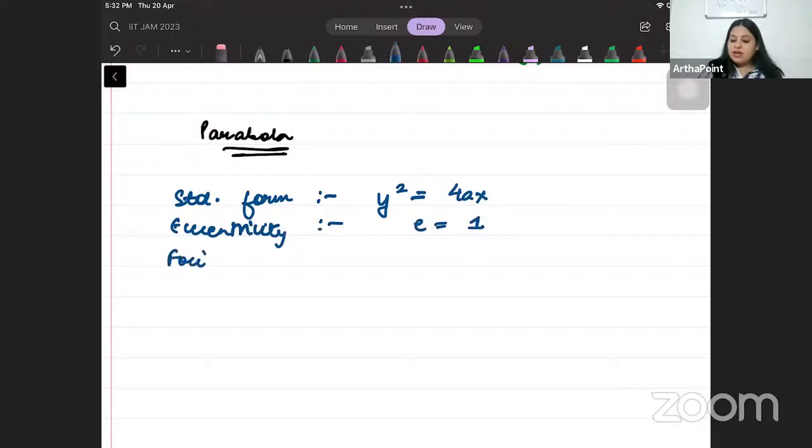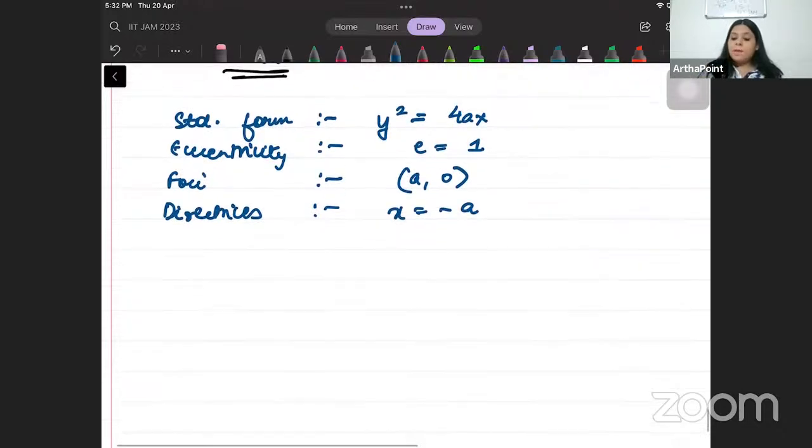The foci of the parabola is a comma 0, right? And the directrix of the parabola is x is equal to minus a. That line forms the directrix, right? And that's it. There is no asymptote of the parabola.